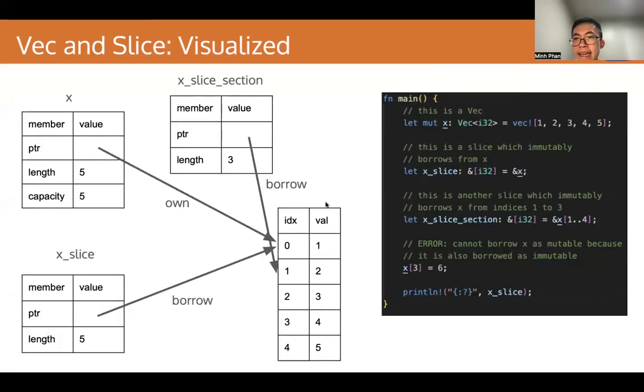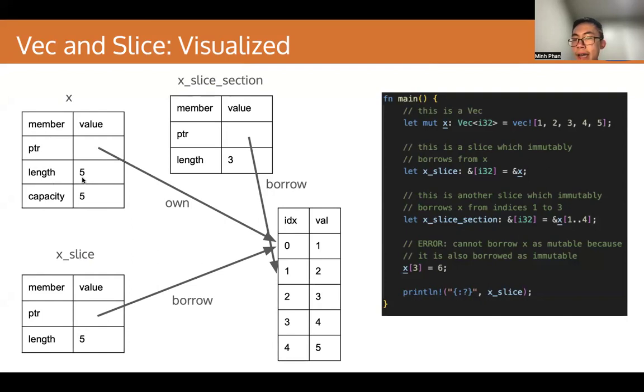Here is a diagram demonstrating how that example actually works in memory. So as you can see, we have the vector x here. The stuff below x, this board, is everything that lives on the stack. We have 3 members that live on the stack: a pointer to the array on the heap, and variables for length and capacity.